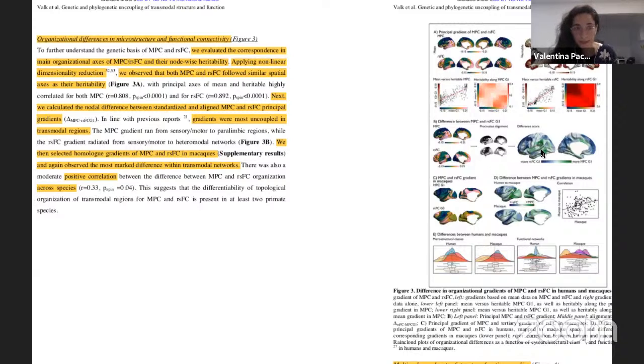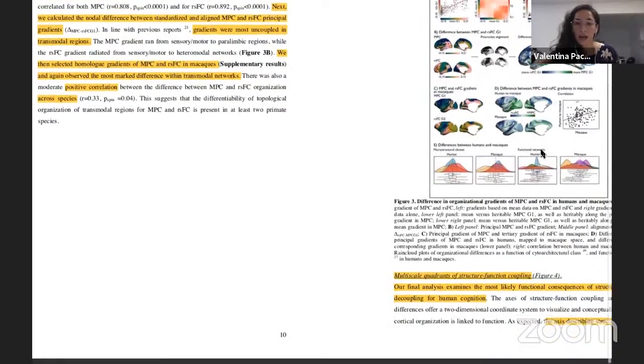Then they selected the homologous gradients of structural and functional matrices in macaques, and again they observed the highest uncoupling within the transmodal systems.